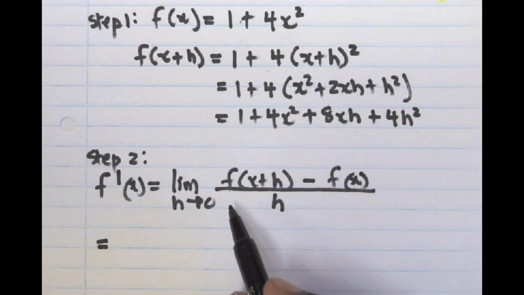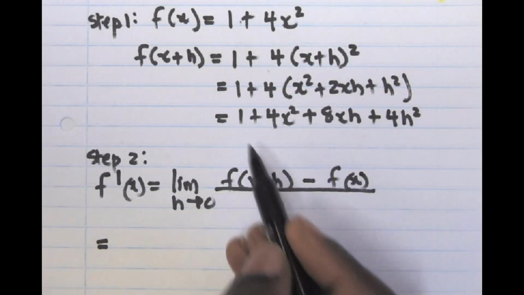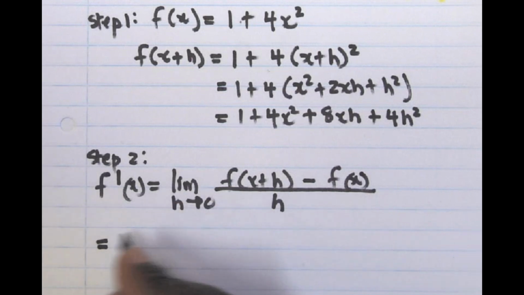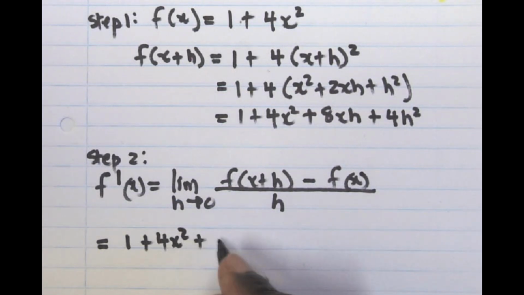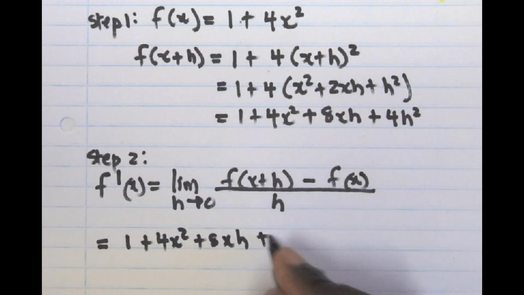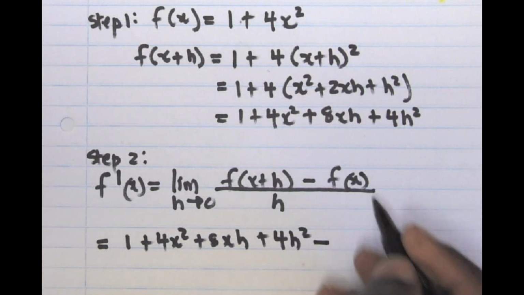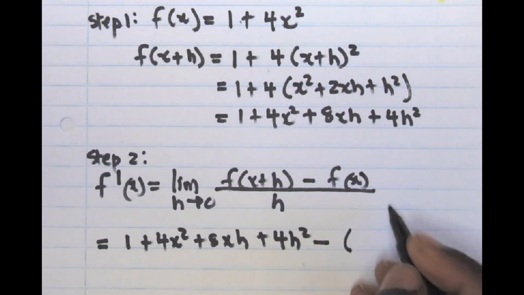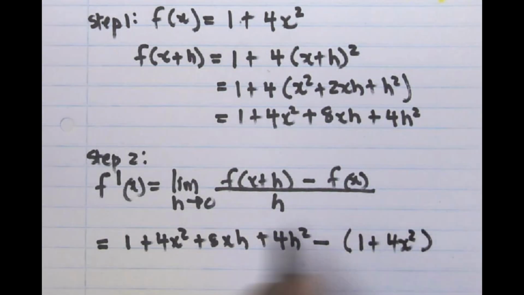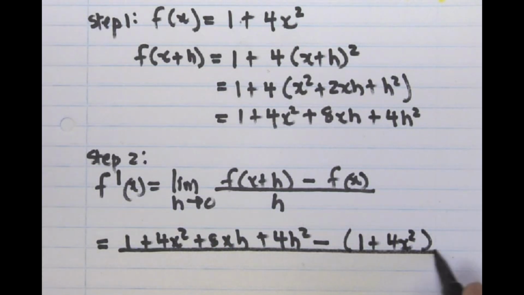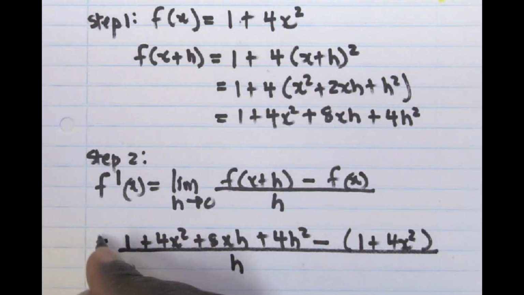Equal to, so wherever there is f of x plus h, I'm going to put this simplified version. So I'm going to write 1 plus 4x squared plus 8xh plus 4h squared minus f of x. I put a bracket here, minus 1 plus 4x squared. But everything is over h. Please do not forget to put the limit here as h approaches naught.